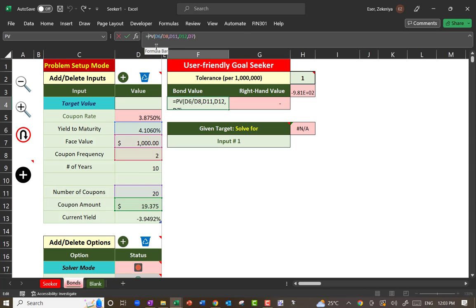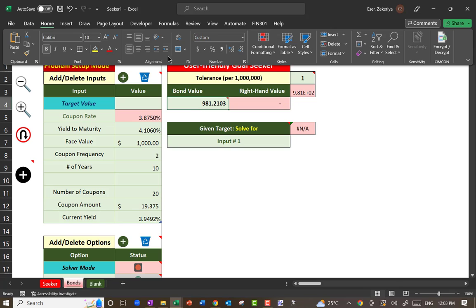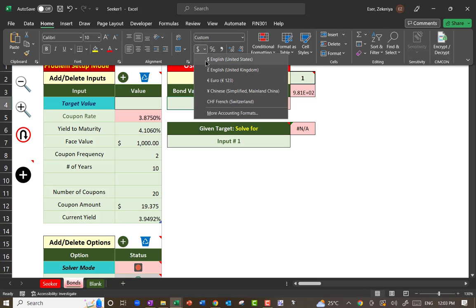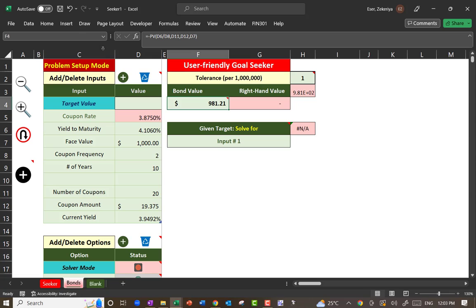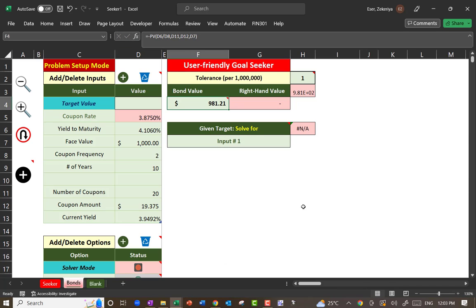Since this was written by an accountant, we also had our own function, if you guys remember. I think it should be here. So let me make this dollar format first. If you don't have the function handy, you can always use the PV, but I like using functions where I don't have to do extra stuff. Not insert.